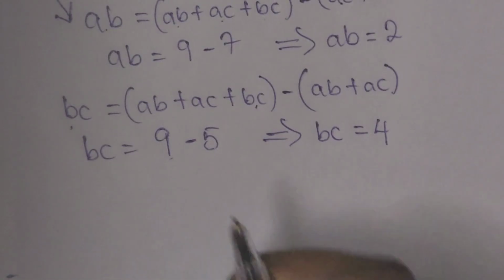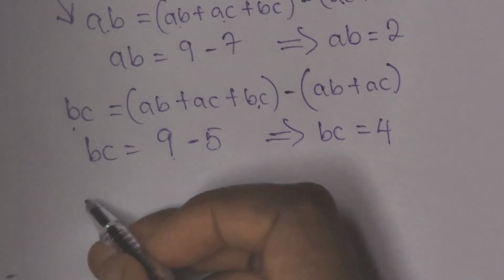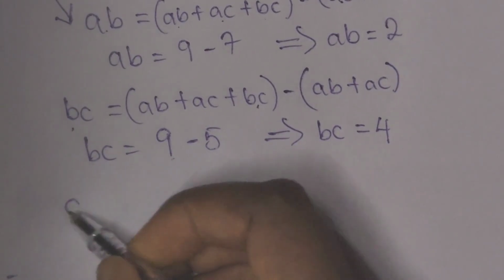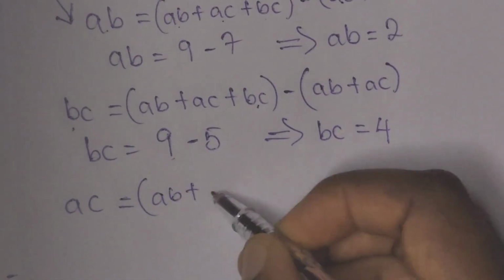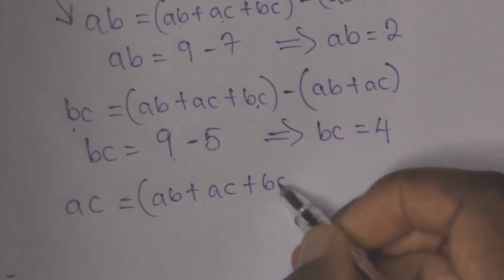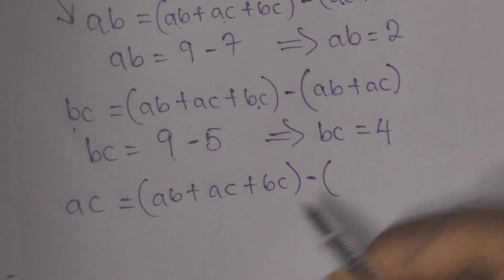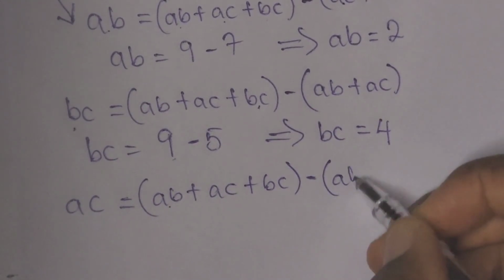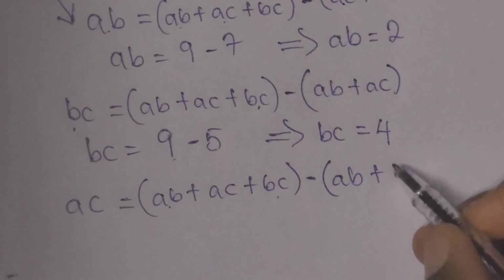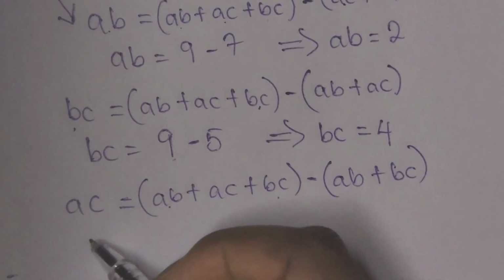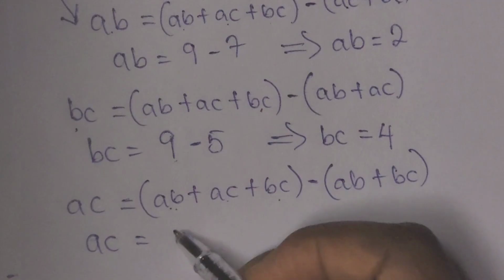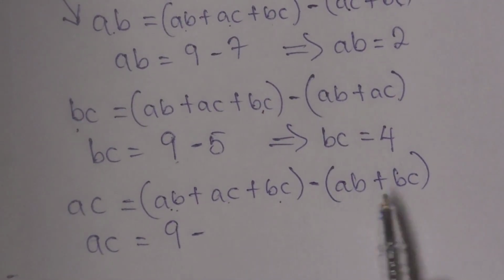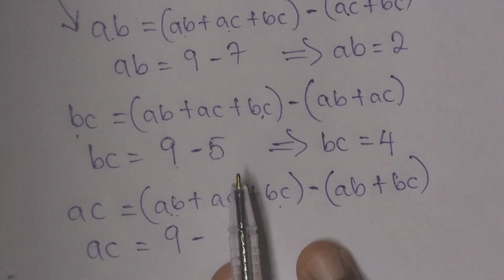So the same way, we'll find our AC. We have AC equal to AB plus AC plus BC minus AB plus BC. It means that our AC is equal to 9 minus our AB plus BC.